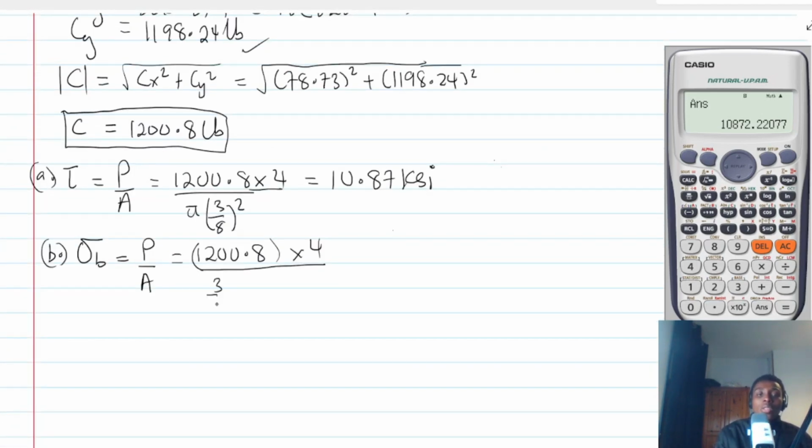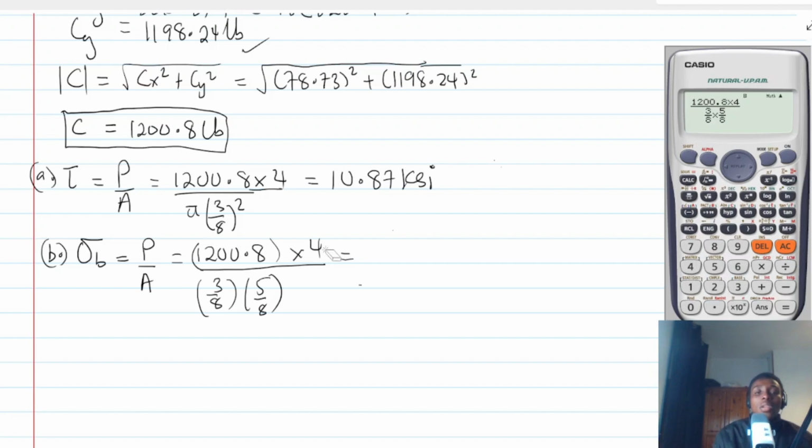So it's going to be 3 on 8 multiplied by 5 on 8. That gives us 1200.8 divided by 3 on 8 multiplied by 5 on 8.